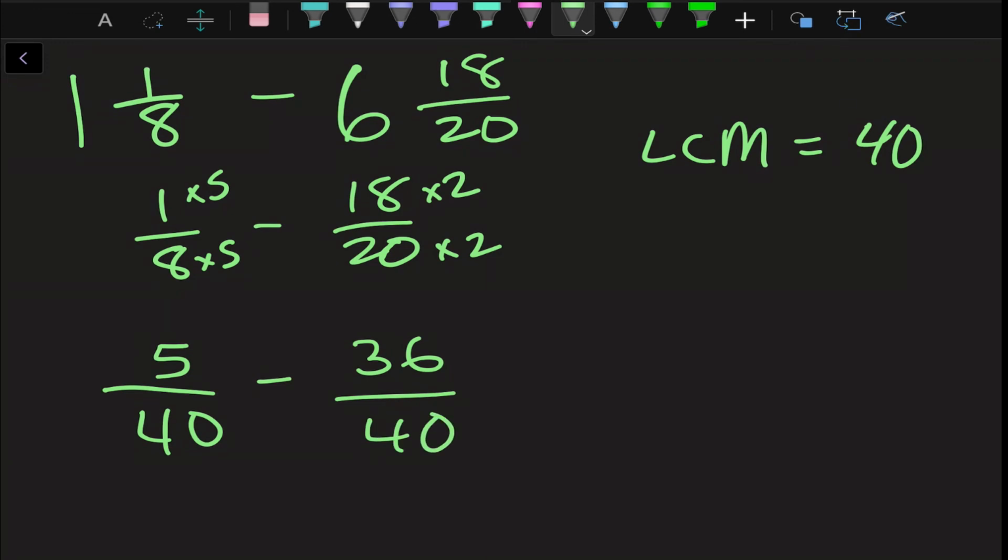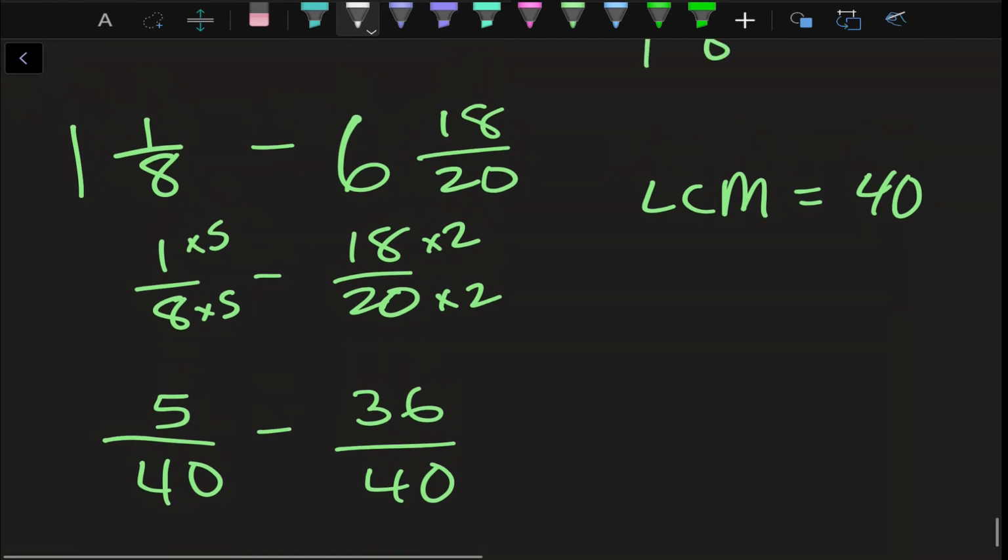Again, crazy, this is greater than that one, so we need to grab from somewhere. So we end up getting rid of 1.